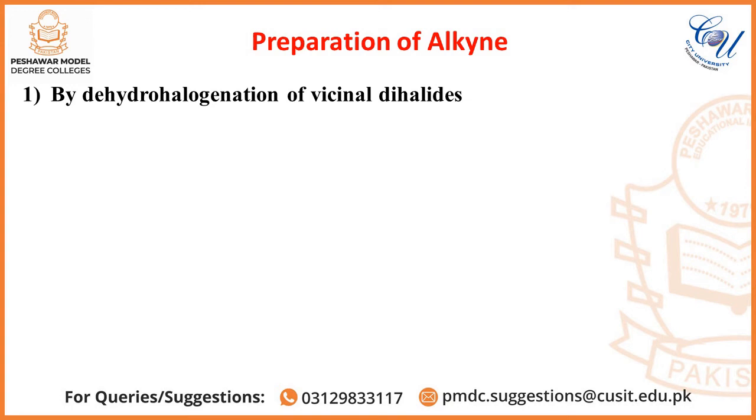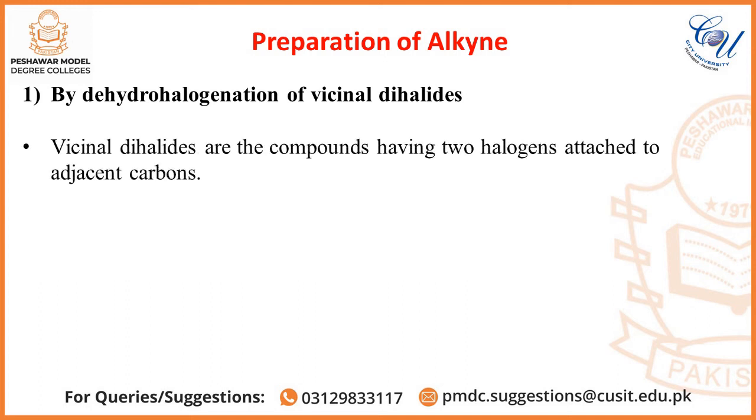But first we should know what is meant by vicinal dihalide. Vicinal dihalides are those compounds having two halogens attached to adjacent carbons. For example, this is vicinal dichloroethane, in which two chlorines are attached to adjacent carbons.